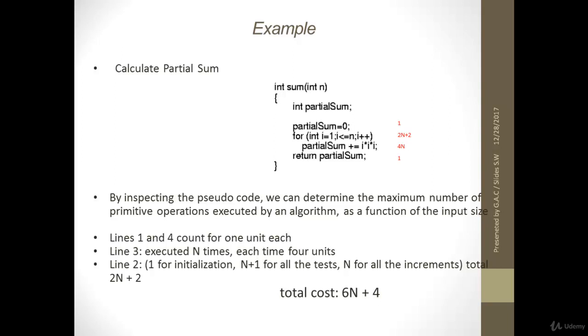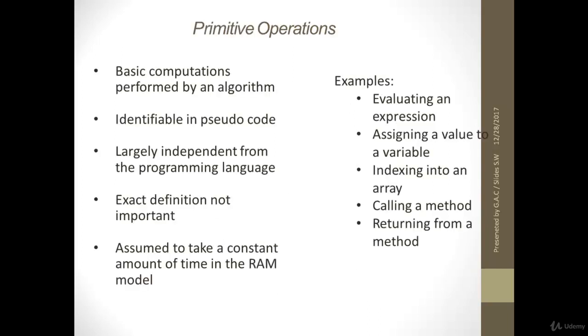Altogether it is 6n plus 4. Primitive operations.